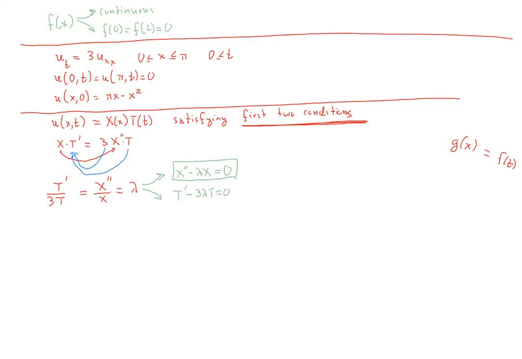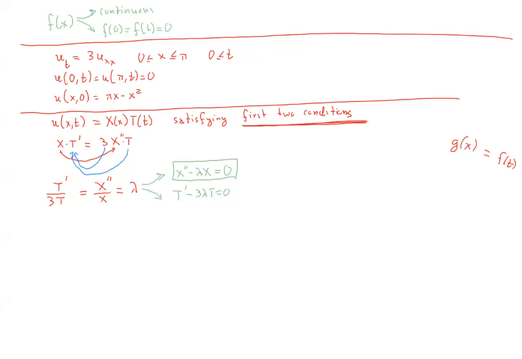Okay, then. So what do we do now? We're considering different cases. The first case that we're going to consider is that lambda is greater than 0.